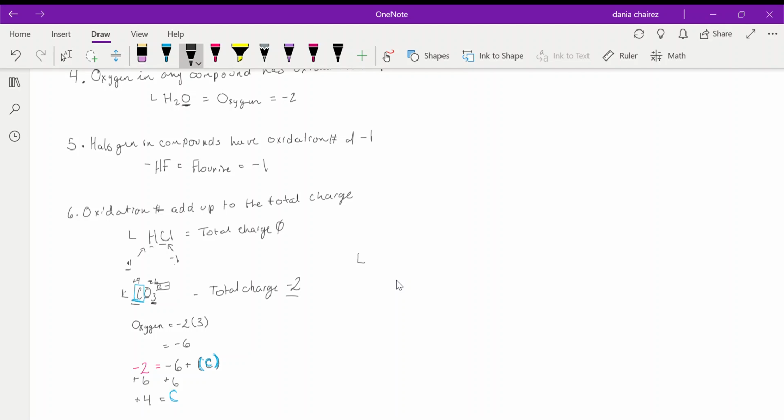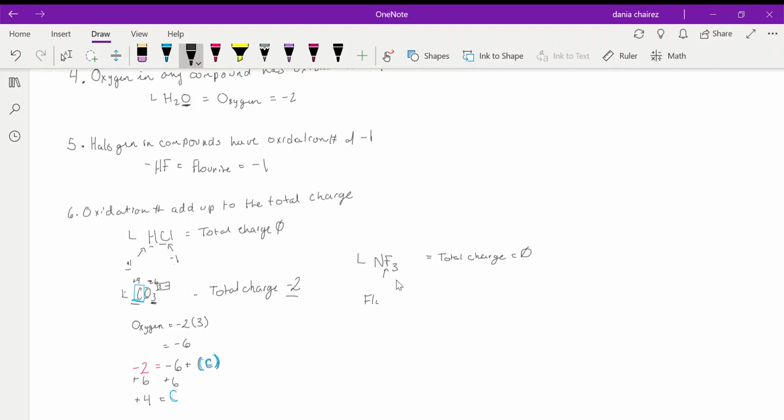So then let's do another one. Let's try NF3, which is nitrogen trifluoride. So then total charge equals 0. And then fluorine is a halogen and it's in a compound.